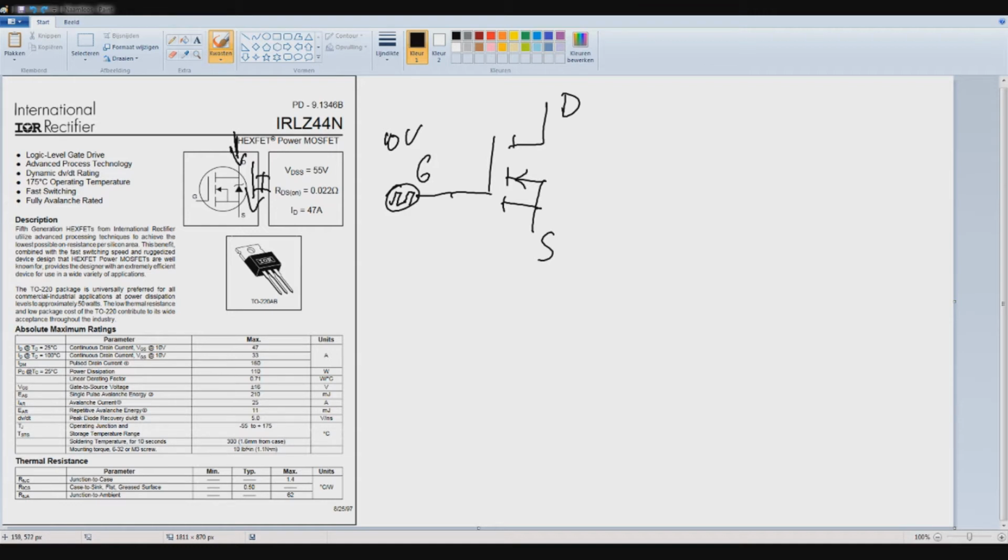The pulse drain current is the current spike. For example, if we have a current over here and time, and we have a current and suddenly it spikes up, and this is for a small time, or well, let's make it even smaller, and usually it's mentioned somewhere.